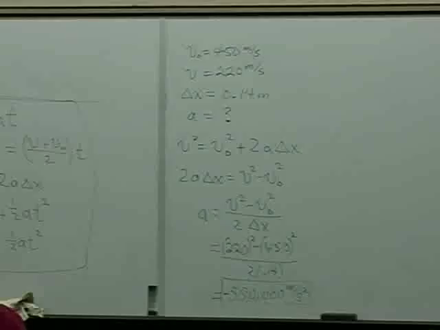Before I do some of these other problems that were requested, let's continue to warm up with some problems that are not as challenging. Take a look at number 12.